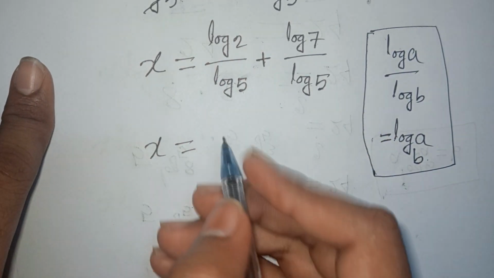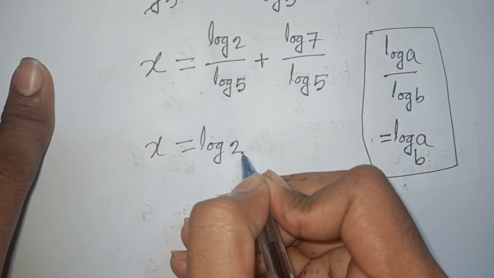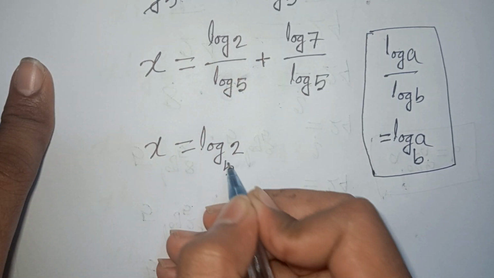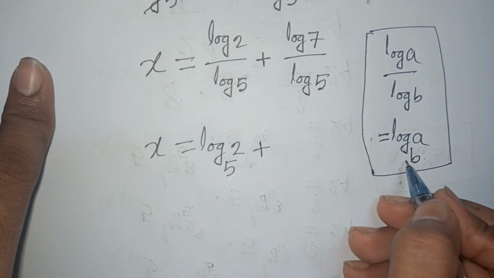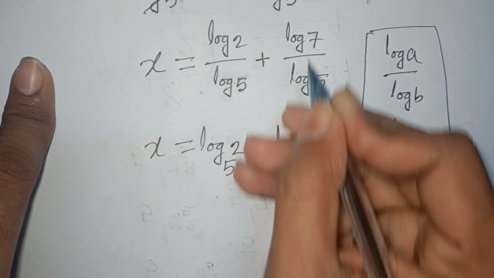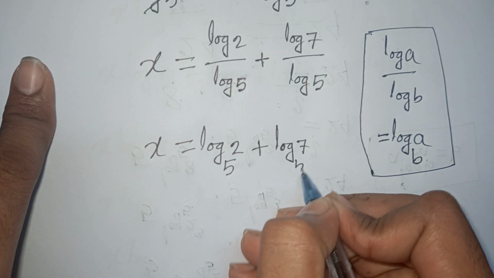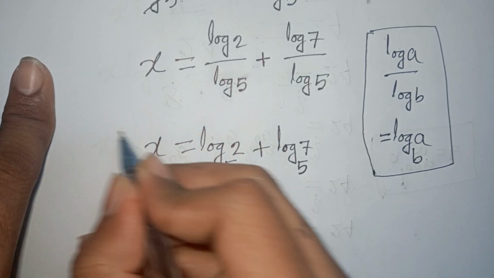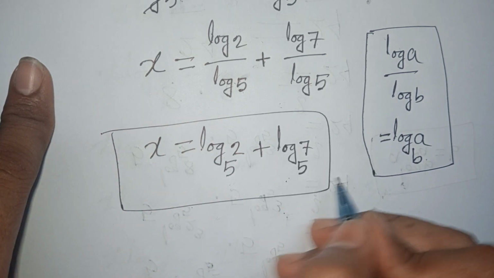So log 2 divided by log 5 means it will be log 2 base 5 plus, here you can apply again this formula, so it will be log 7 base 5. So this is the value of x. So this is our final answer.